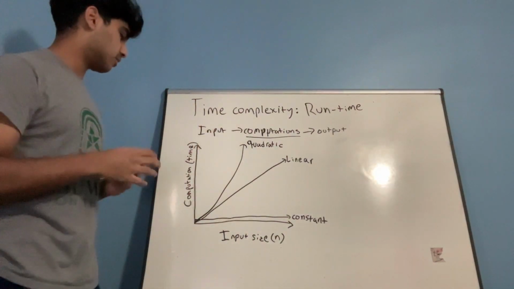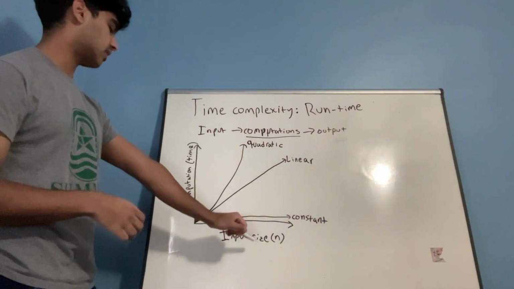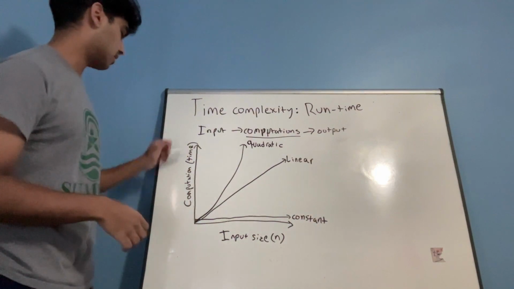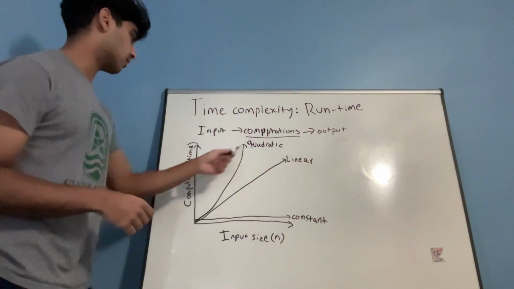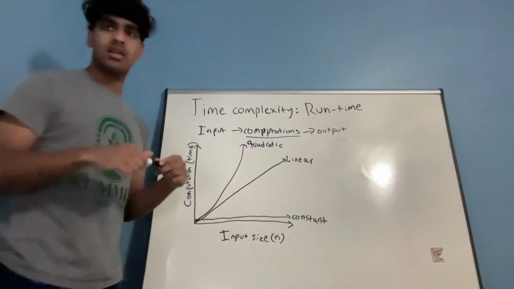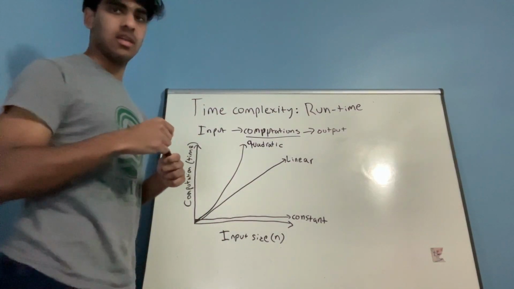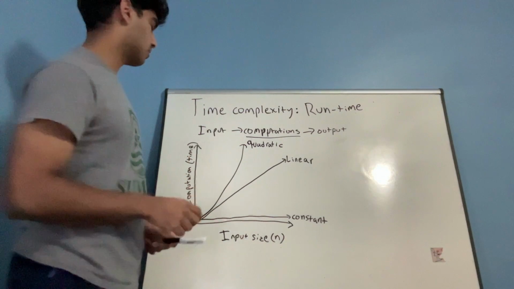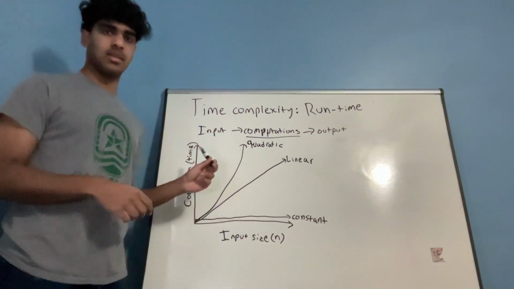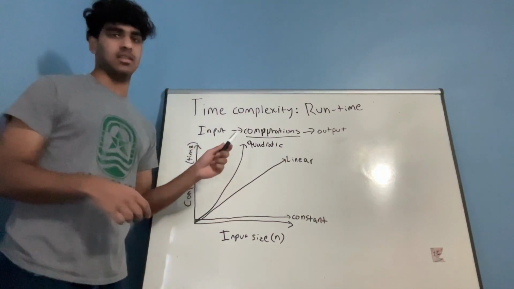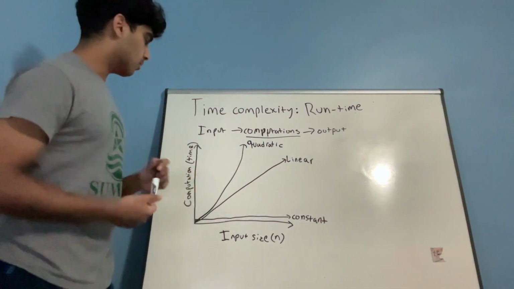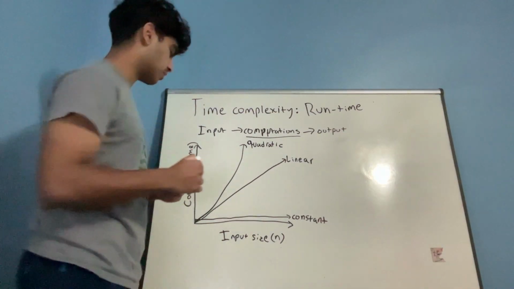So quadratic just means that it's our input size, and then the computations is our input size times the input size. So we'll get n squared, which is quadratic. The next 4 that we do are less common than these ones. These are going to be our 3 most used ones in LeetCode questions and stuff like that. But we'll go into the special ones too.